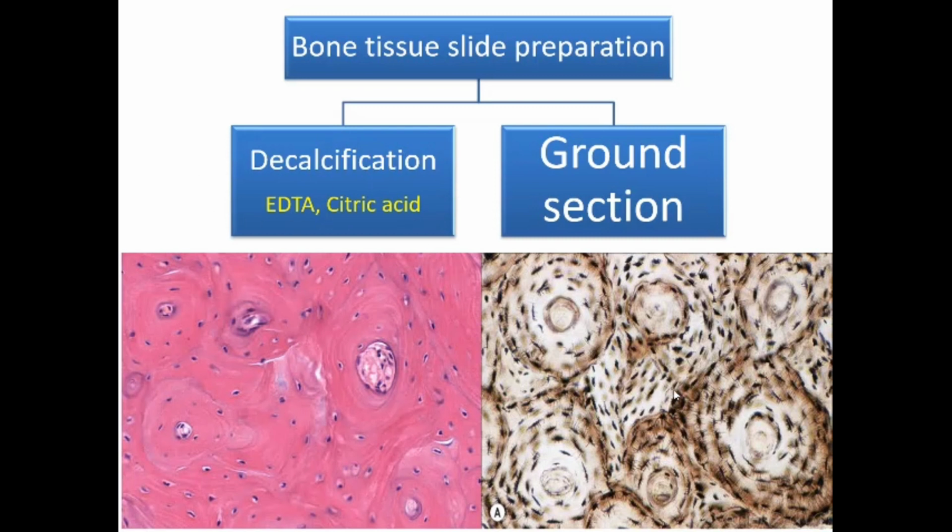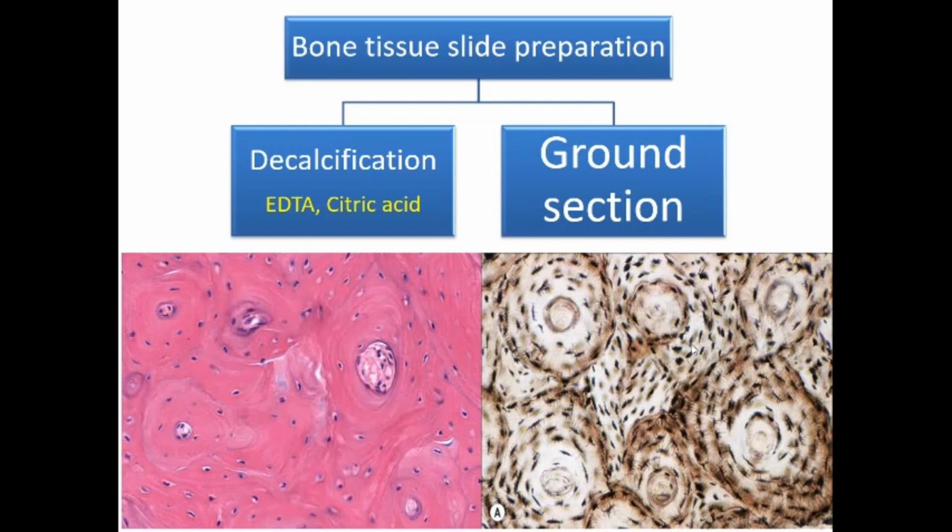Another way is to prepare a very thin layer using a polishing stone. We polish the bone until it is thin enough for viewing under the microscope. This method is called a ground section.